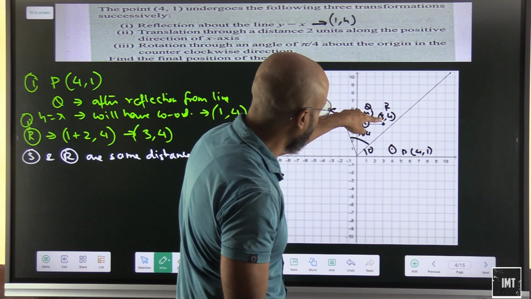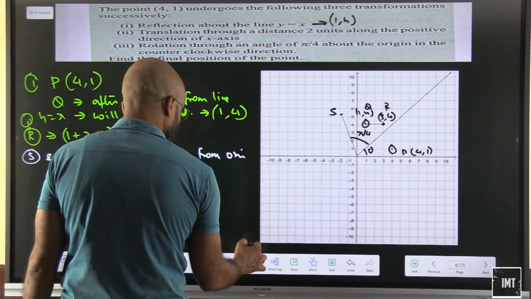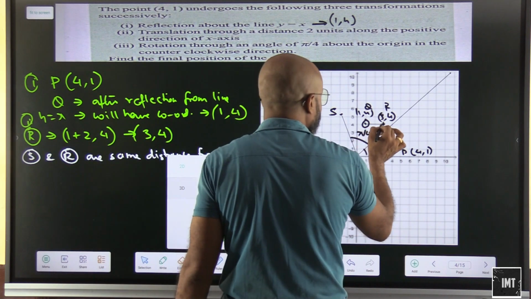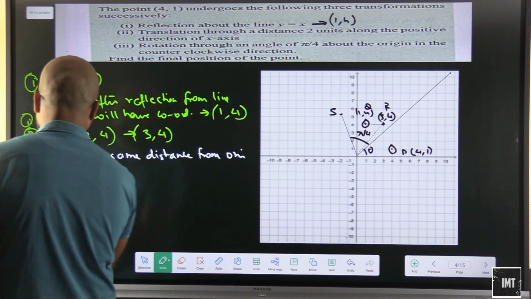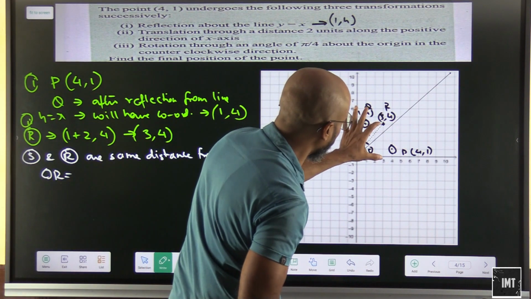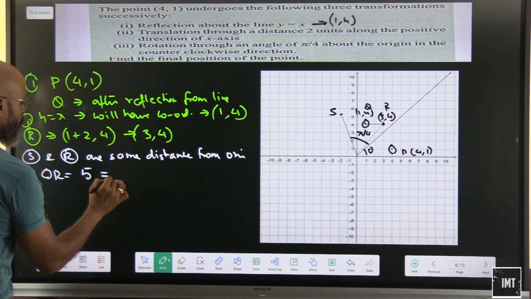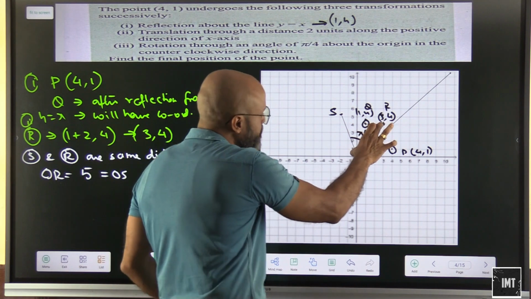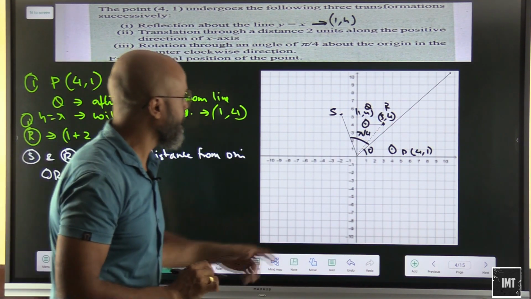R has coordinates 3 and 4. If I join R by a dotted line, what is the length of OR? By Pythagoras theorem, OR will be 5, and so will be OS, because we have just rotated this point by an angle of pi by 4.